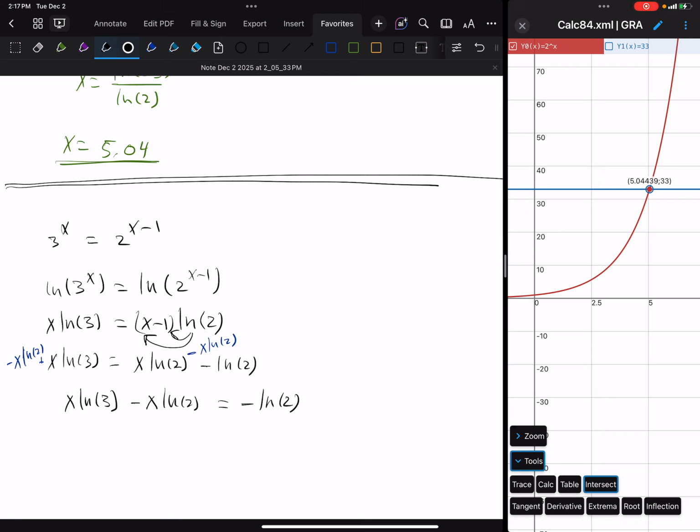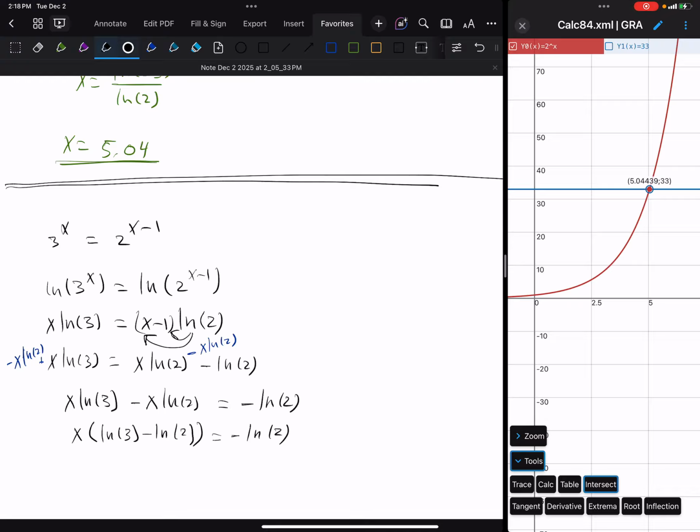Well, now I've got two terms involving x, so I can factor that x out in front. I can have this be x times ln of 3 minus ln of 2 equals negative ln of 2.